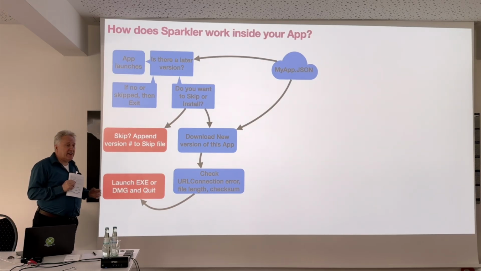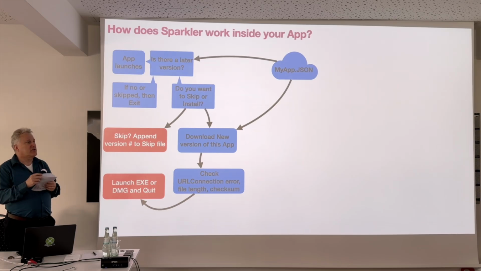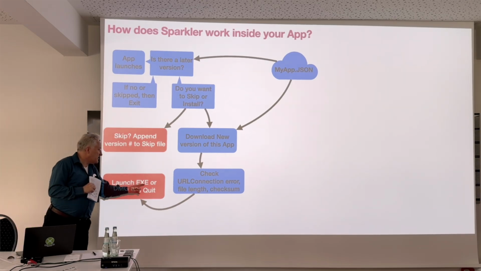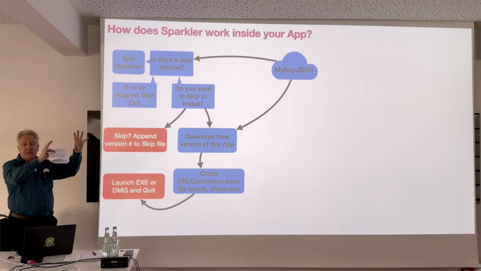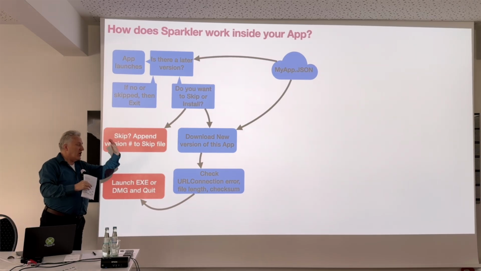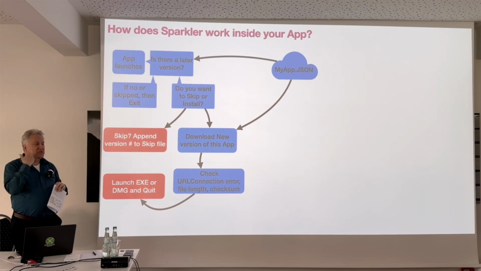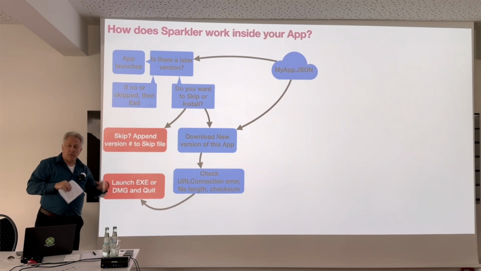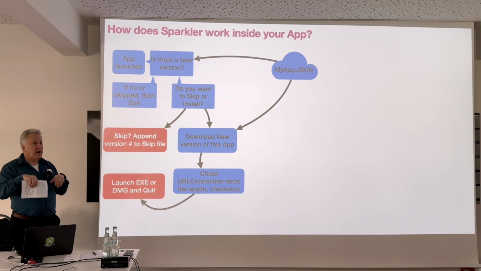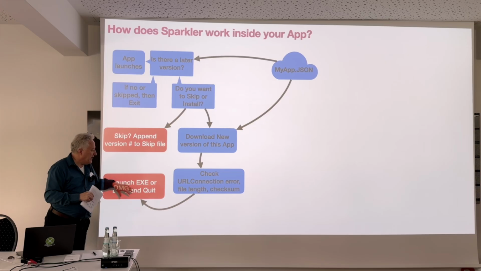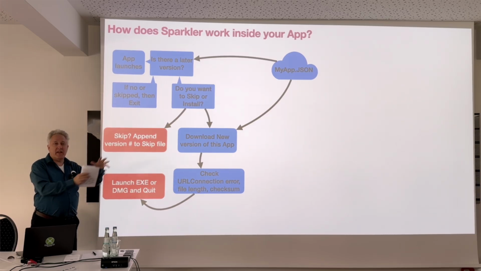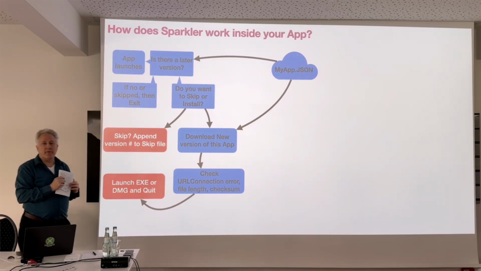Or if it's a DMG, maybe it's a Macintosh digital image, in which case it goes and launches the exe or opens up the DMG and it quits your application so that they can run and do the install without your currently running application getting in the way. In other words, it passes off the installation through to a different application.